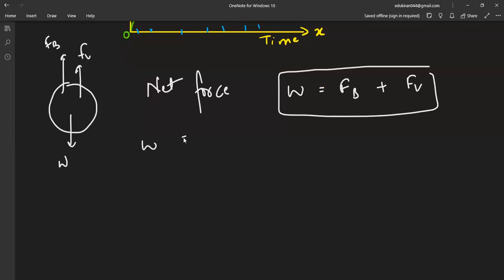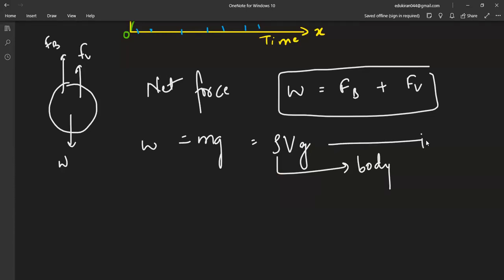What is weight? Let's write in the individual terms. Weight is mg. Let's write it even in terms of density. We have taken the density of the body to be rho, so density times volume V times acceleration due to gravity g. This is the density of the body. Let's say this is the first equation.